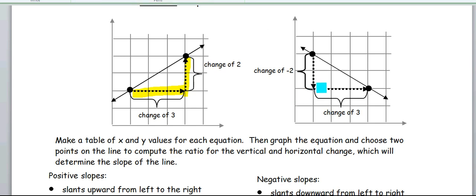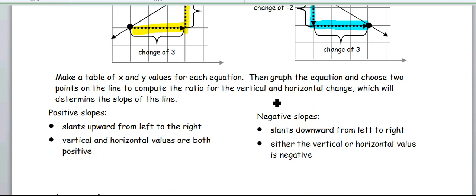Negative slopes on a graph, if you look, as our x's increase left to right, the line is going down. So our y values are decreasing. So the basic way to put this is, and over here where it says positive slope, it slants upward from left to right.